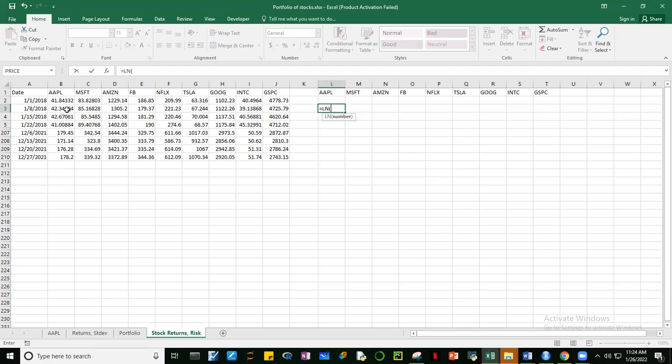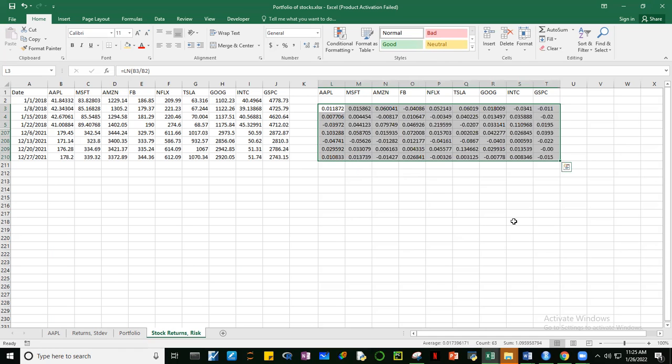Ln of the price at time t divided by the price at time t minus 1, yung previous. Okay, so we're using continuous returns here. So I said guys, I hope you did some research on why continuous returns ang ginagamit. Babalikan na lang natin yan. So copy ko, copy down, copy to the right. So we now have the log returns of the stocks that we chose.